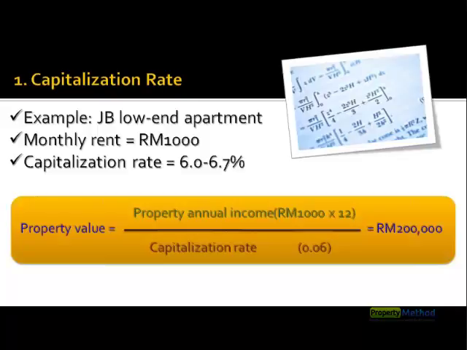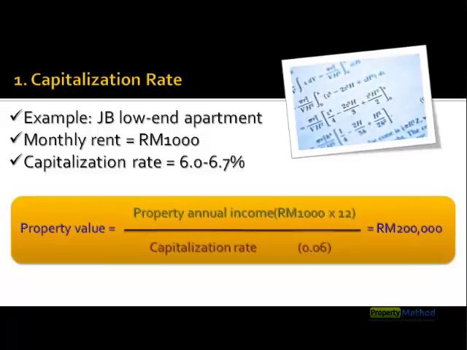Then from the equation, the property value should not be more than 200,000, which is we divide the 12,000 ringgit by 0.06, taking the lower capitalization rate of 6%. From this, we can estimate this property is worth about 200,000 ringgit in the current market.